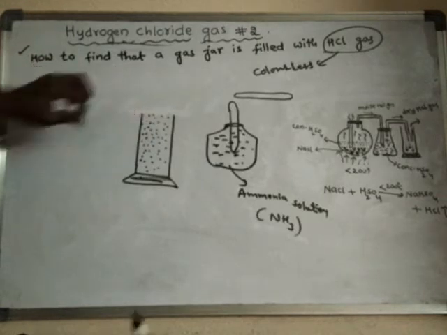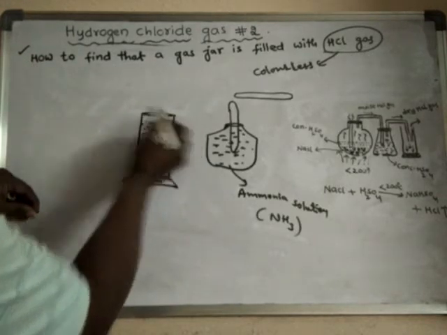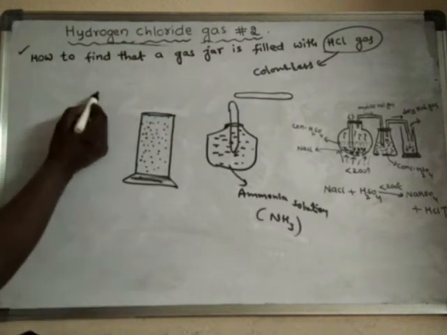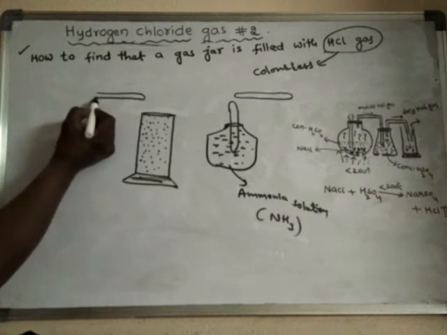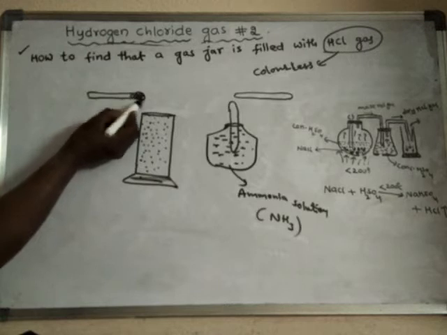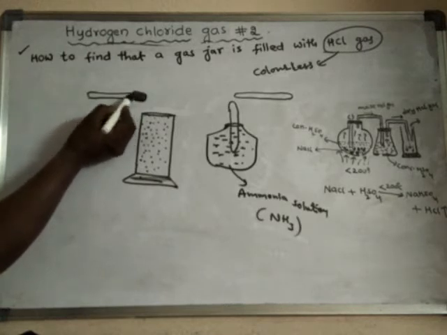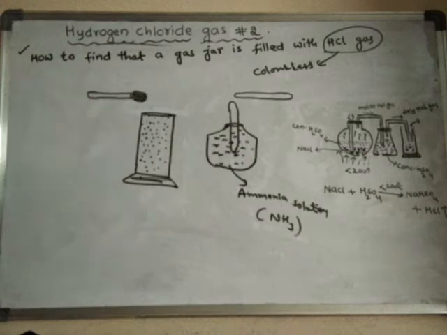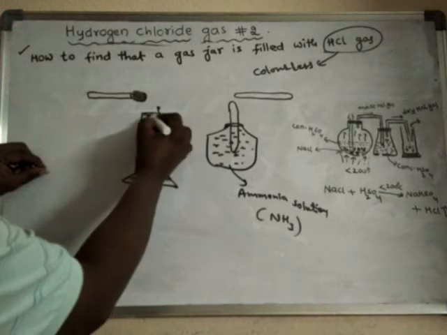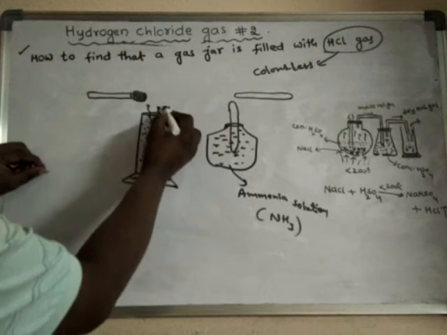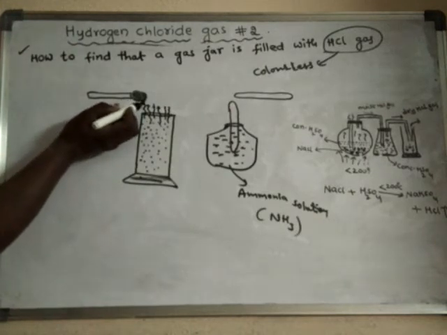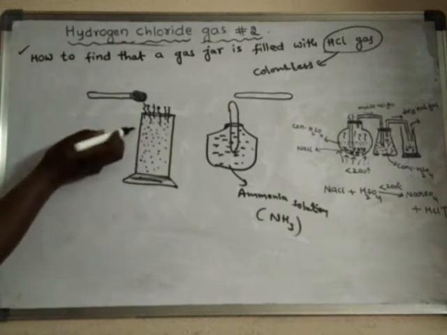Now this is the mouth of the gas jar. This glass rod has some ammonia stuck to its end, and it is brought near the mouth of the jar. If you open the lid, this gas will escape. Suppose this gas is HCl gas, what happens?